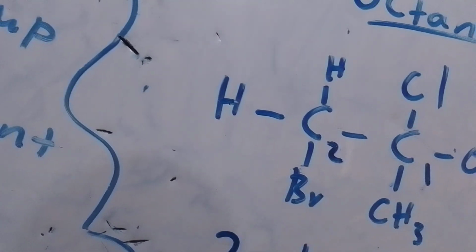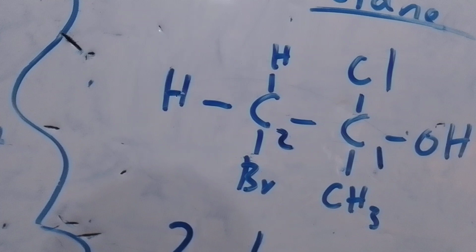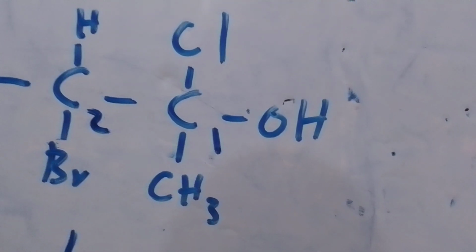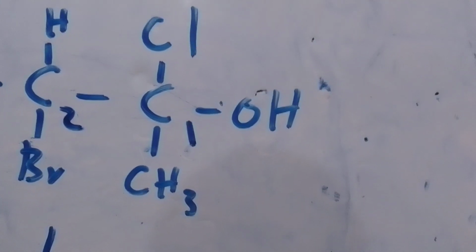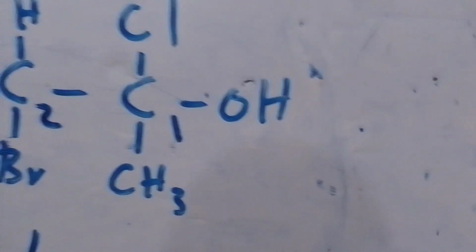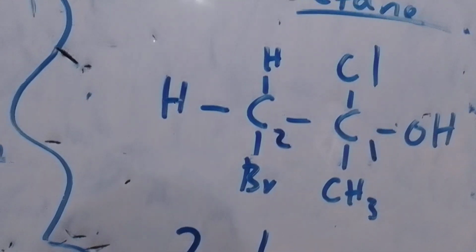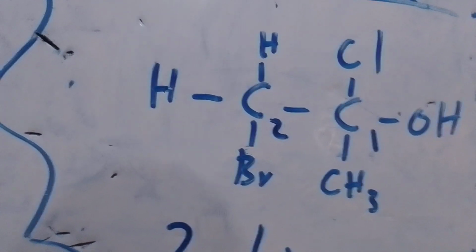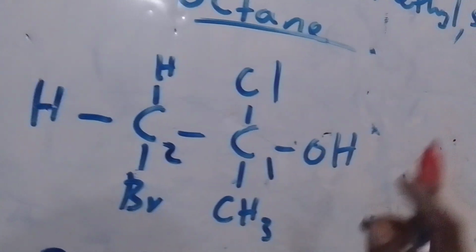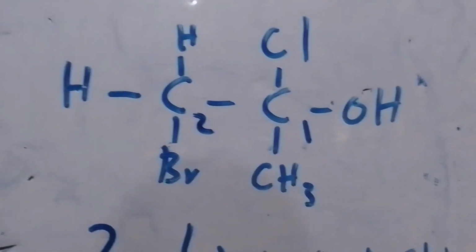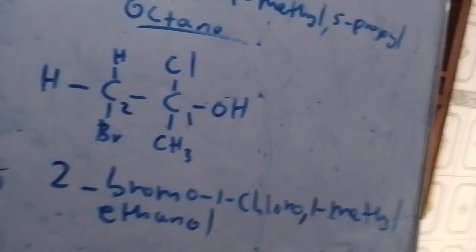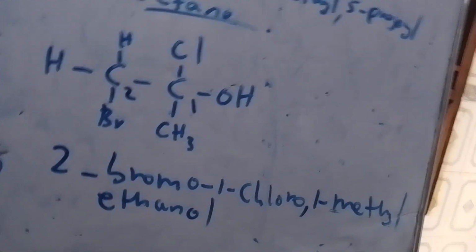So we have 2 bromo, 1 chloro, 1 methyl, ethanol. So that is the name of the compound there. The name of the compound is 2-bromo-1-chloro-1-methyl ethanol.